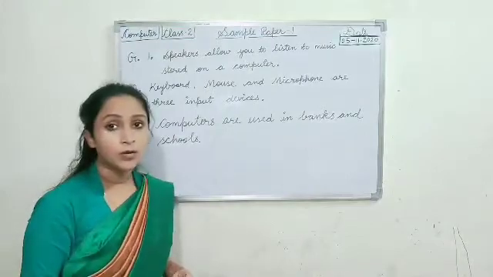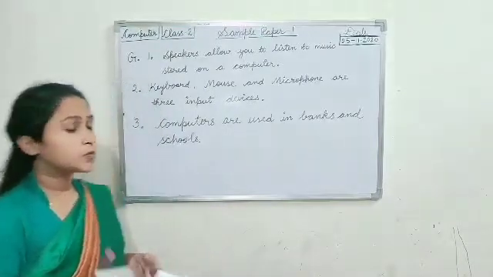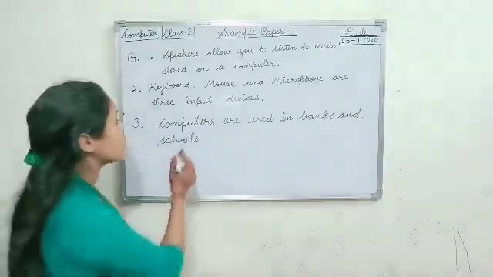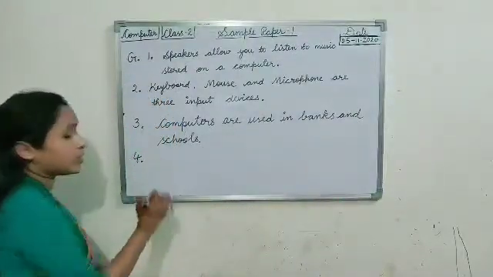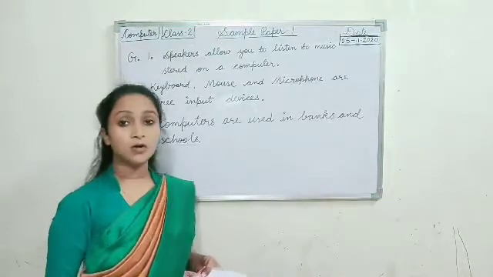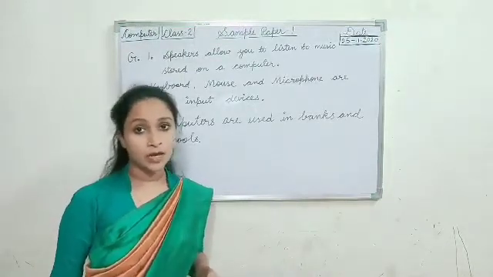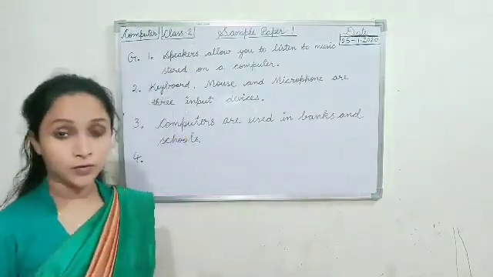Okay? In office also. Almost everywhere computers are used, but you can write any 2 places. So I have written here computers are used in banks and schools. Okay? You can write office, hospital, any place, which will be easy for you.